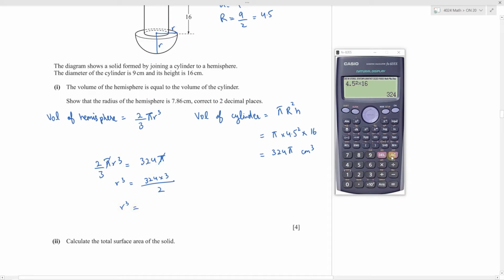So r cube is 324 multiplied by 3 divided by 2, 486. And your value of r will be cube root of 486. So let's take the cube root of this, 7.8622 centimeter, and up to 2 decimal places this will be 7.86 centimeter. So you have shown that the radius is 7.86.